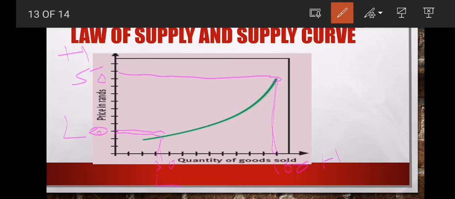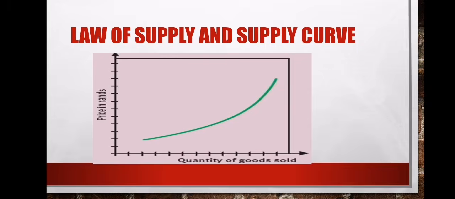Hence we say the lower the price, the lesser goods will be supplied to the market. So if you have forgotten the law but you still recall the graph, just draw the graph and use this line to show it. When the price is high, the quantity supplied to the market will also be high. We can understand it in that manner, good people.